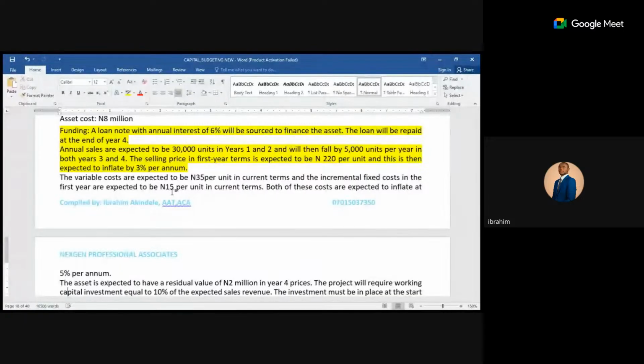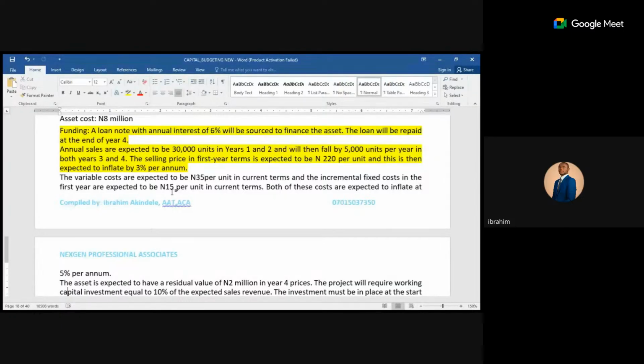Class, the variable costs are expected to be 35 naira per unit in current terms, and the incremental fixed costs are expected to be 15 naira per unit in current terms. Both of these costs are expected to inflate at 5%.